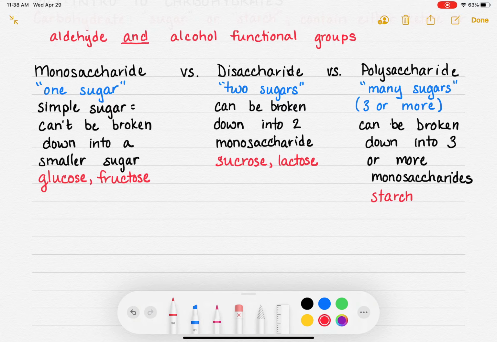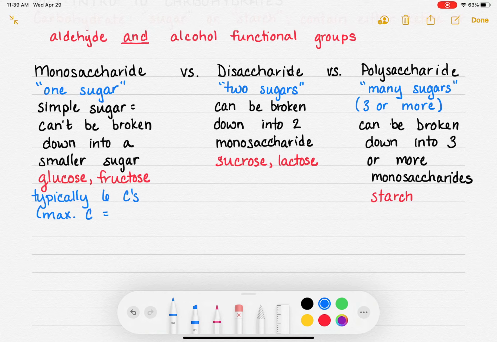Monosaccharides typically have 6 carbons in them. That's just because the most common monosaccharides that we encounter in nature are 6 carbon monosaccharides, but we are going to look at examples that have less than 6. So 6 is going to be the maximum number of carbons.